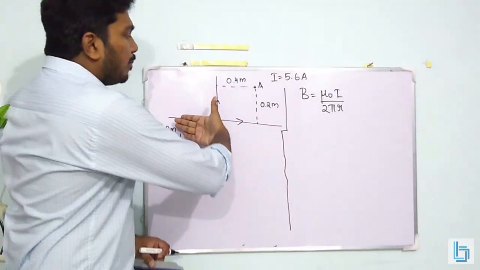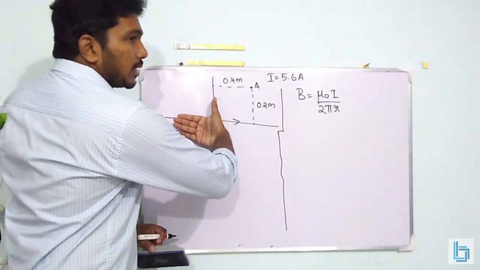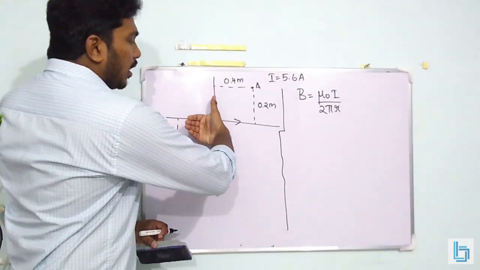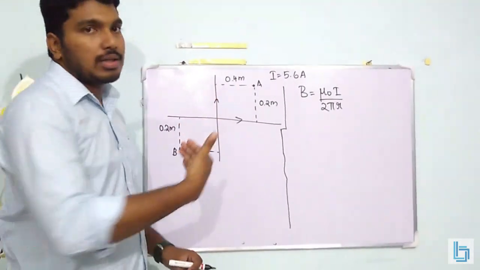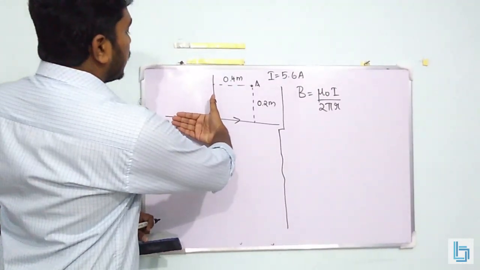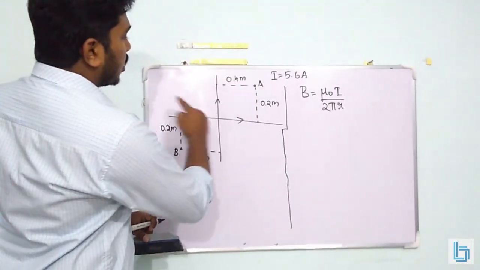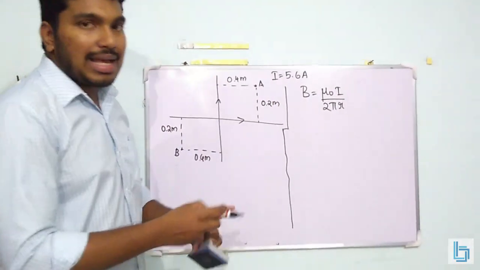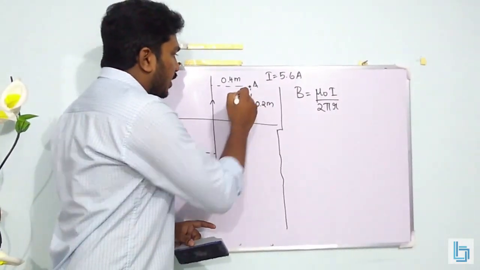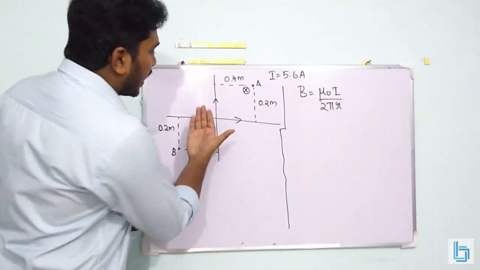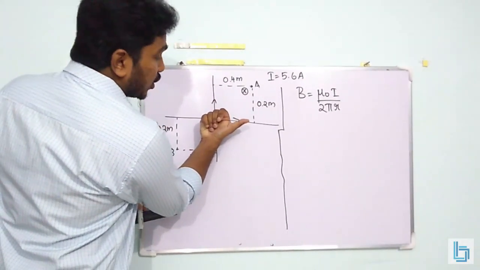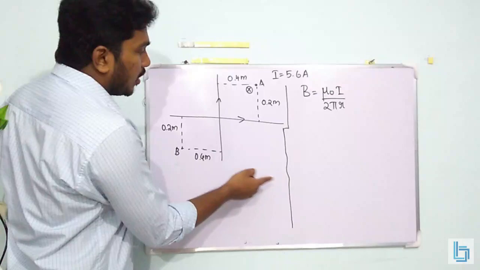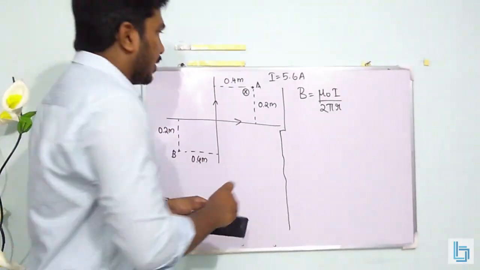If I keep my thumb in the direction of the current, the direction in which I curl my fingers gives the direction of the magnetic field. So for this conductor, I'm curling like this, so it will be into the plane at the point A. I'm marking it with an into. And for this conductor, again using the thumb rule, keeping the thumb in the direction of the current, it will be out of the plane.